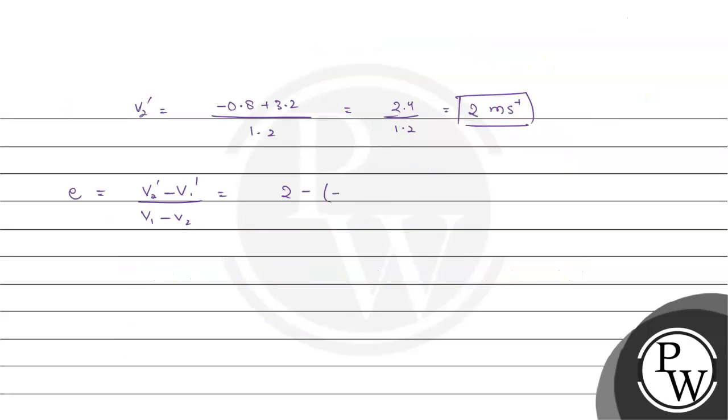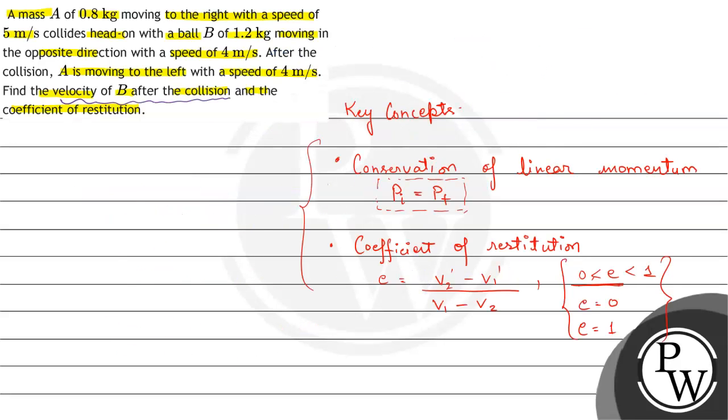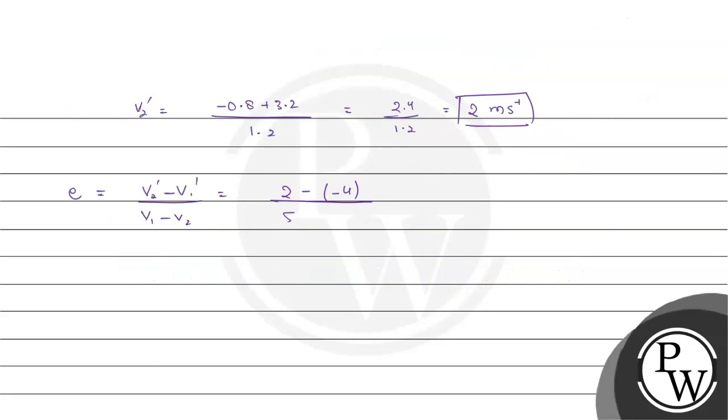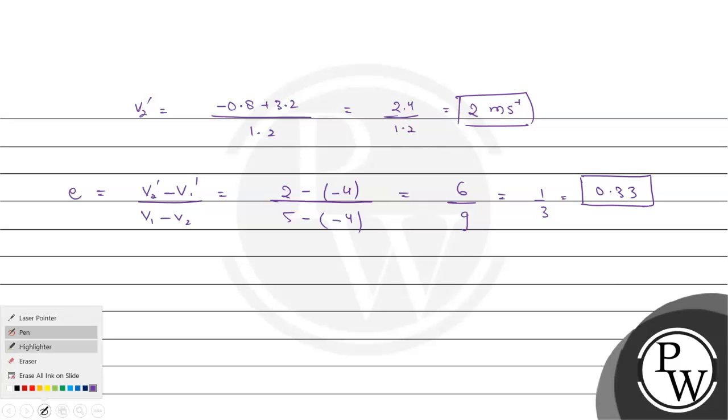And V1 was 5 and V2 was minus 4, so 5 minus minus 4. It comes out to be 6 by 9, and hence it is equal to 1 by 3, which is equal to 0.33, which is quite a real life scenario. So the coefficient of restitution we have found out. These are the two answers. Let's highlight them here.